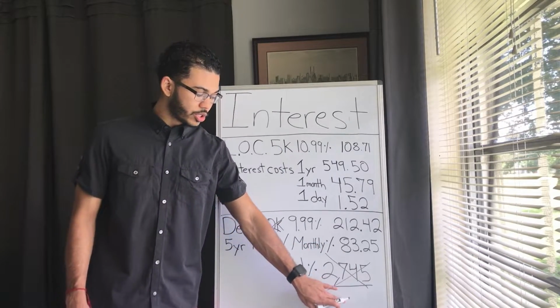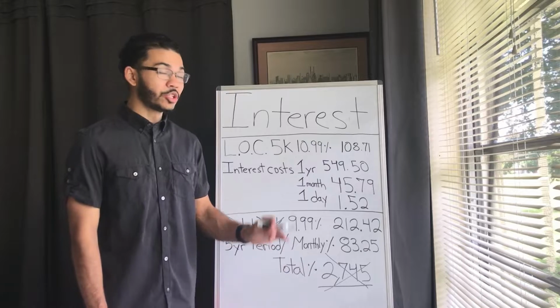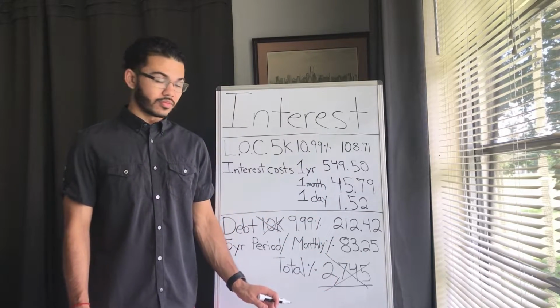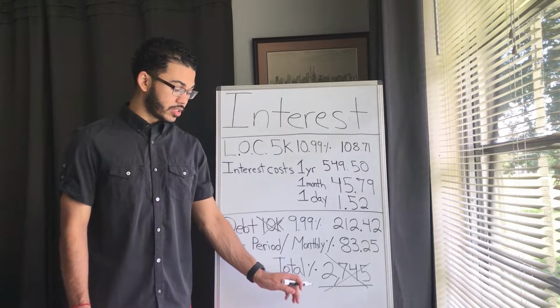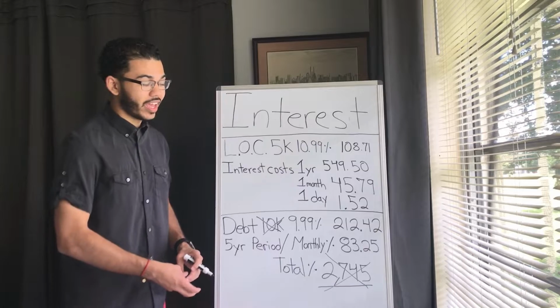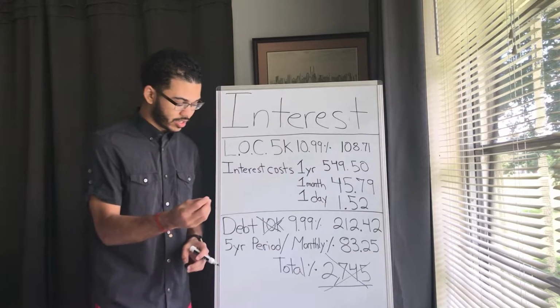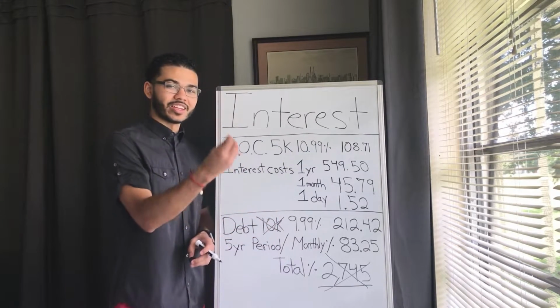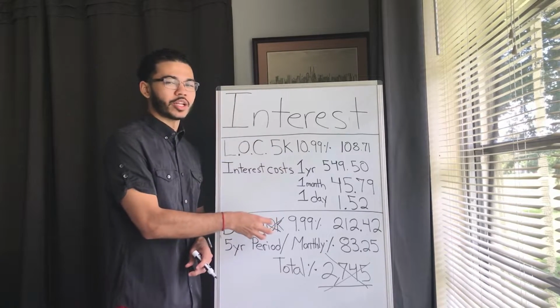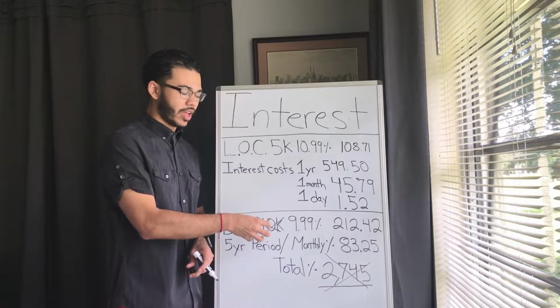So the interest savings would be a little over $1,000, right? Because I'm no longer going to be paying interest on the whole $10,000, right? Because I made that chunk payment, right?